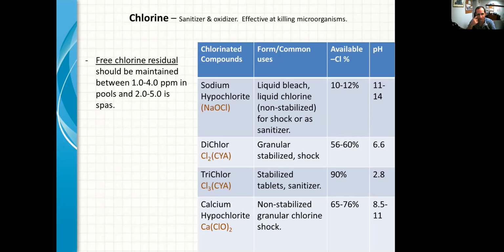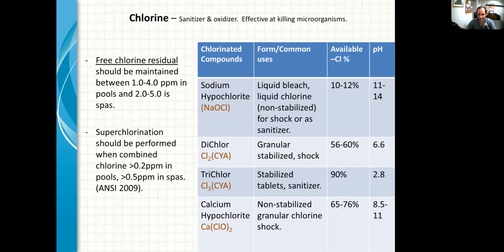Free chlorine residual should be maintained between 1 and 4 ppm in pools, and 2 and 5, a little bit higher, in spas. That's according to the, I'm sorry, I don't think that was the Model Aquatic Health Code. It's the APSP. Superchlorination, or shocking, should be performed when combined chlorine is greater than 0.2 ppm in pools and 0.5 ppm in spas.